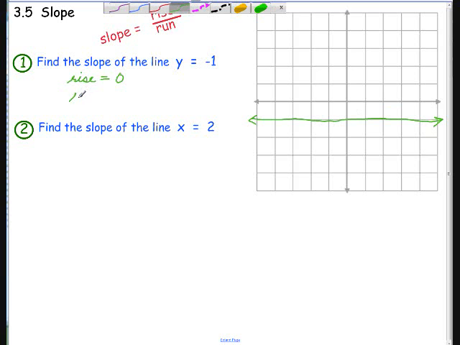And my run is, well, between any 2 points, let's just go between 0 and 1. My rise would be 0 here, and my run would be 1. So my slope for a horizontal line is 0 divided by 1, which is 0. So this is for my horizontal.